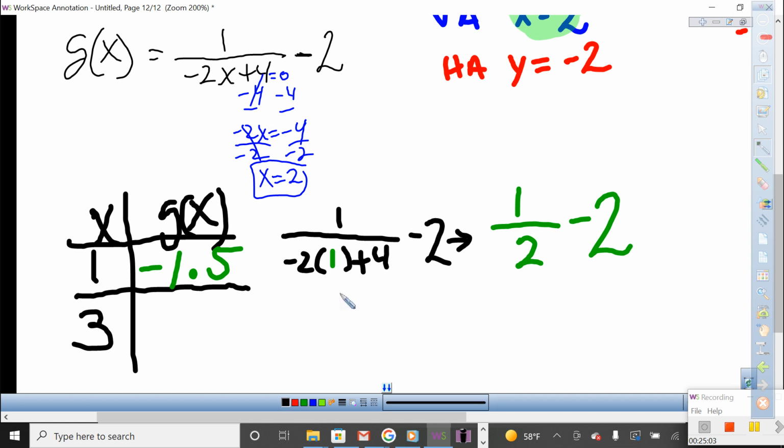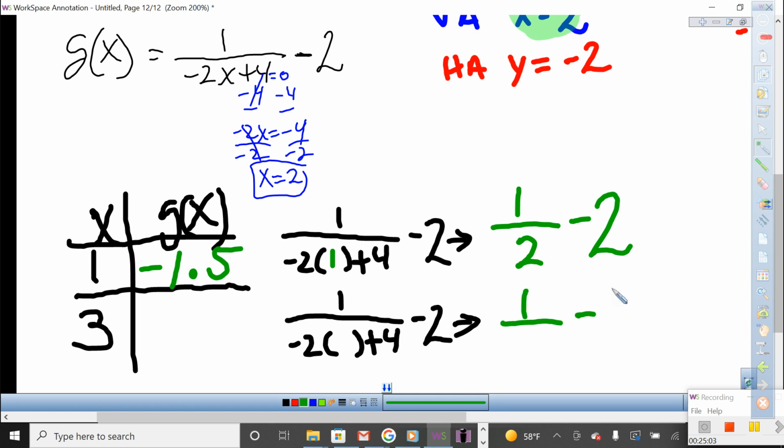Let's do it again now for 3. Let's see. What is negative 2 times 3? Negative 6 plus 4, negative 2. So now we have negative 2 and negative 1/2, so that gives us negative what? 2.5. Yes, that is correct.